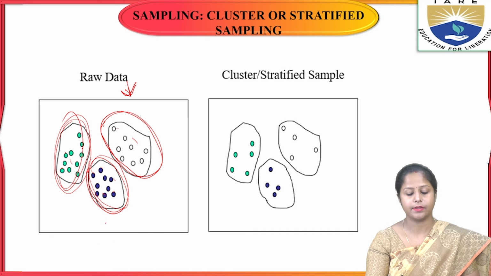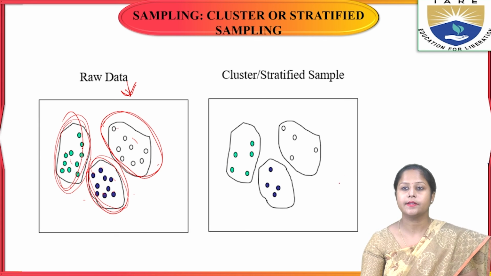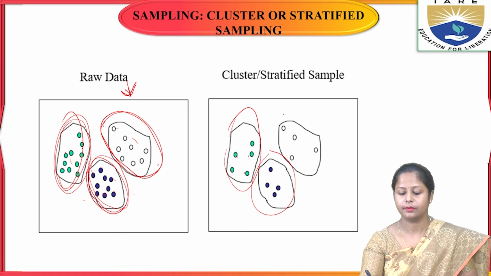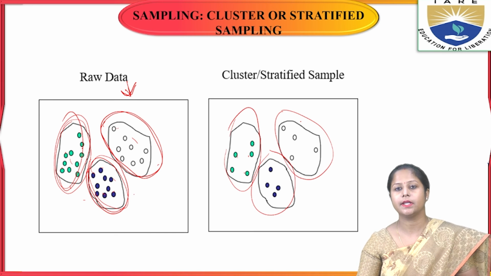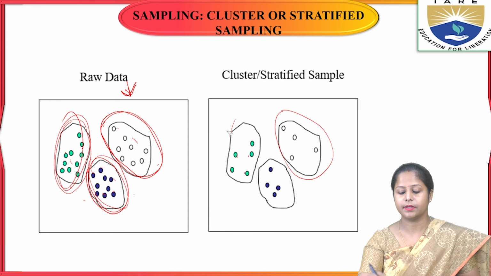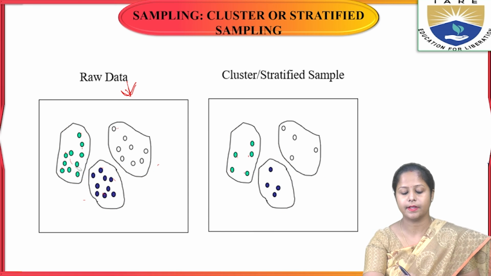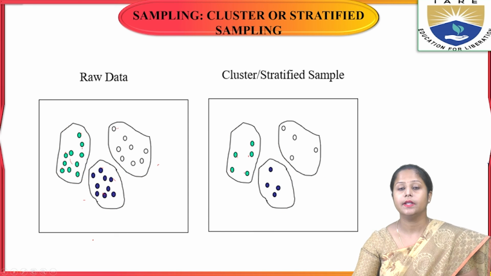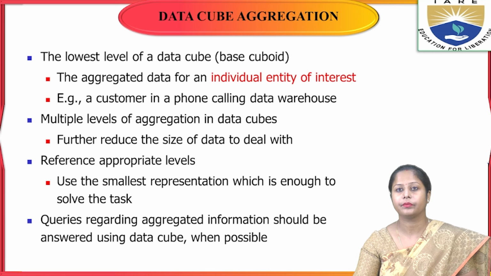That is called a cluster, so this is called cluster sampling. In stratified sampling, we can have some strata for the cluster. So this was the example of simple sampling, cluster sampling and stratified sampling.